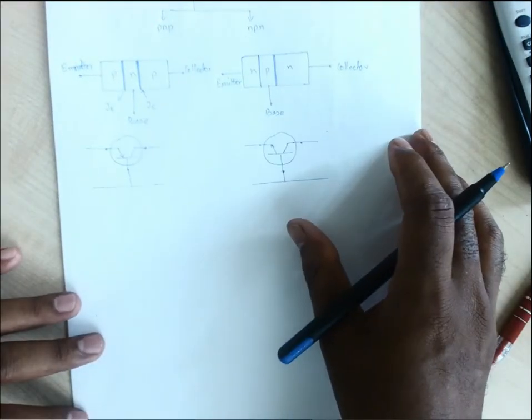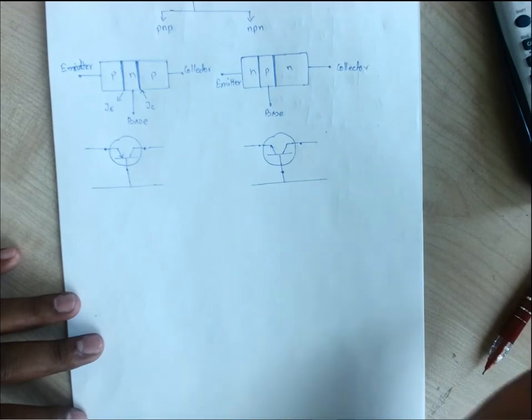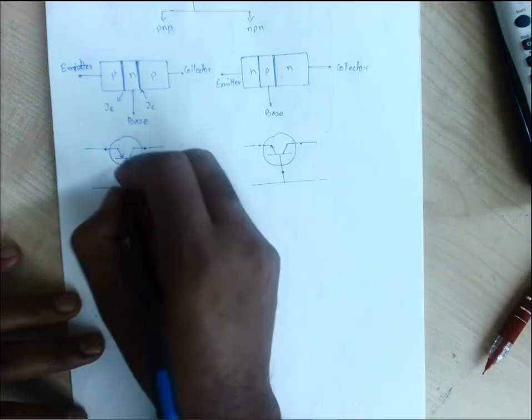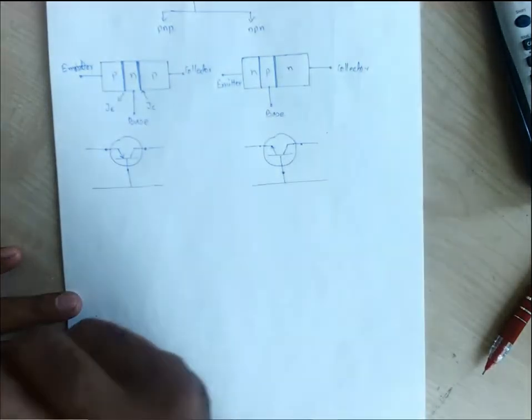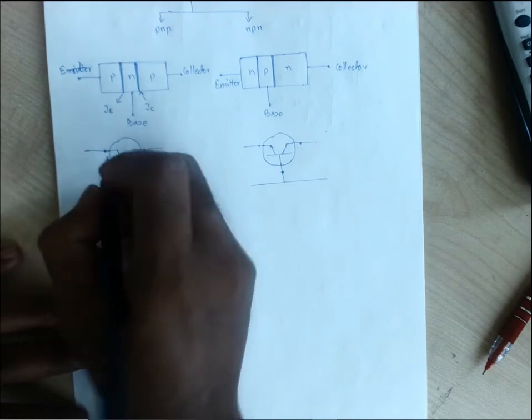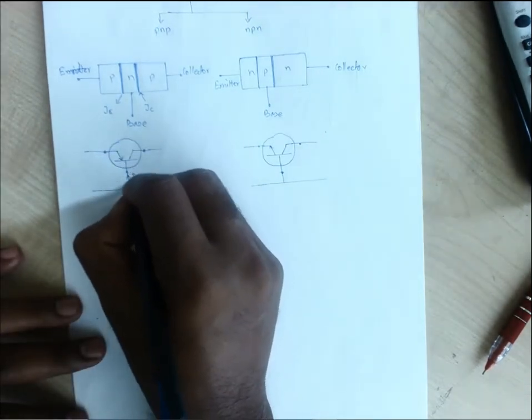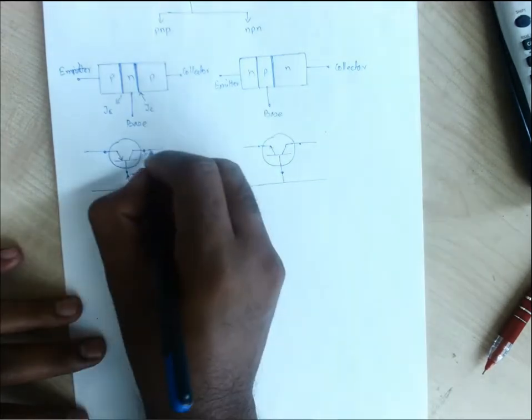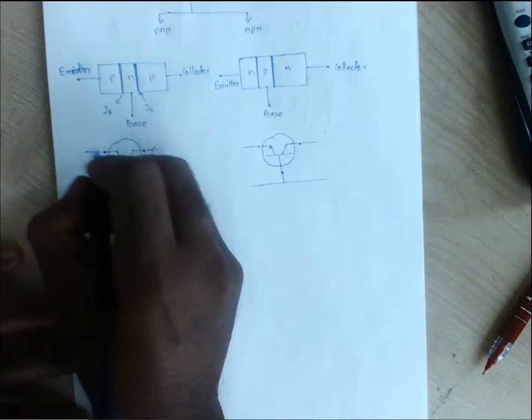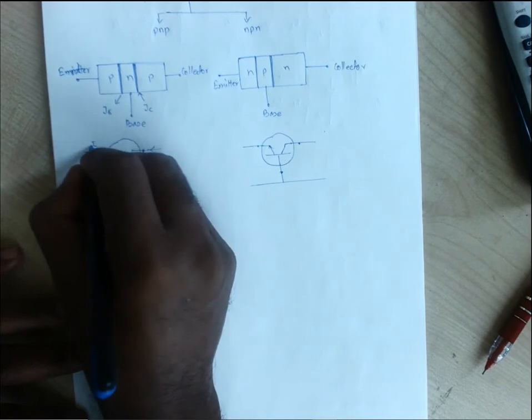So let us take the most general case for the direction of the base current, collector current and emitter current, something like this: IB, IC and IE.